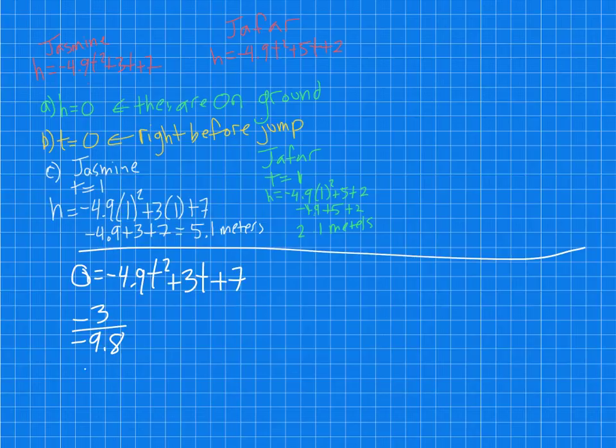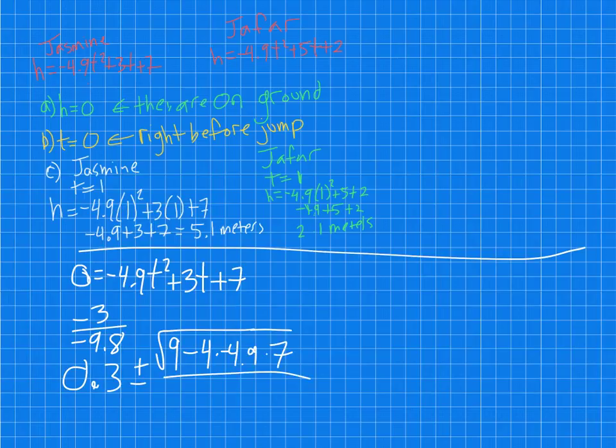And we get 0.3 plus or minus the square root of 3 squared is 9 minus 4 times negative 4.9 times 7. And that's going to be all over negative 9.8. 9 minus 4 times negative 4.9 times 7 is going to be 146.2.